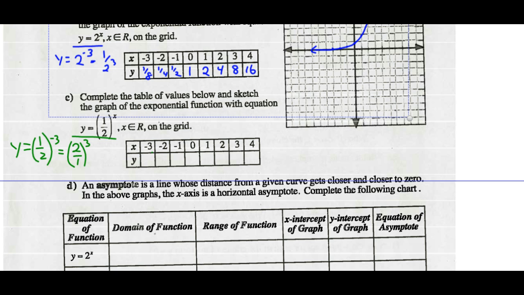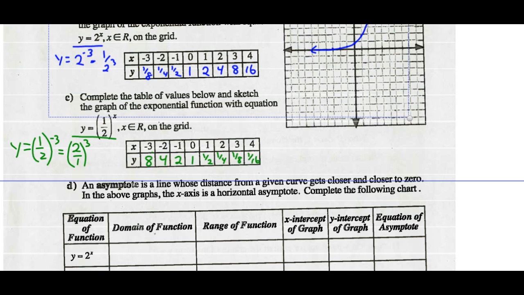So it really just becomes 2 cubed, which is 8. When x is -2, (1/2) to the -2 becomes 2 squared. (1/2) to the -1 becomes 2 to the first. (1/2) to the 0 is 1. (1/2) to the first is 1/2. (1/2) squared is 1/4. (1/2) cubed is 1/8, and (1/2) to the exponent 4 is 1/16.